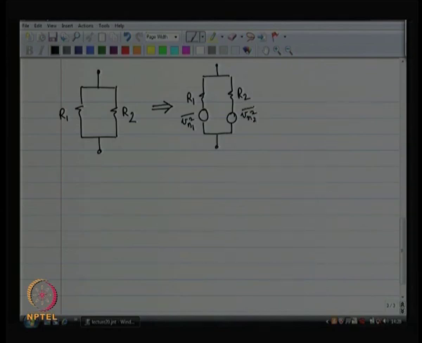I know the values of V n 1 squared and V n 2 squared, means of these two I know. Now, unfortunately, this is a difficult problem to solve, but life will be easier if I do the Thevenin to Norton equivalent transformation, in which case I am going to have a current source in parallel to the resistor.